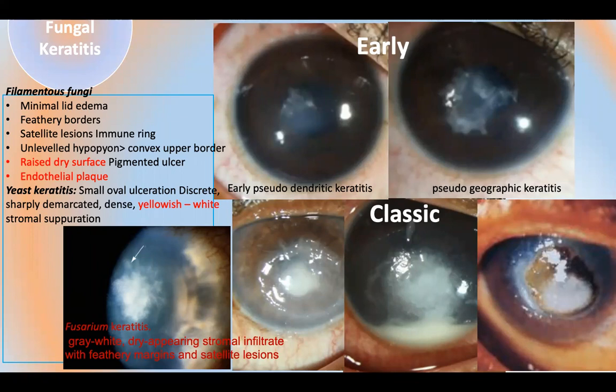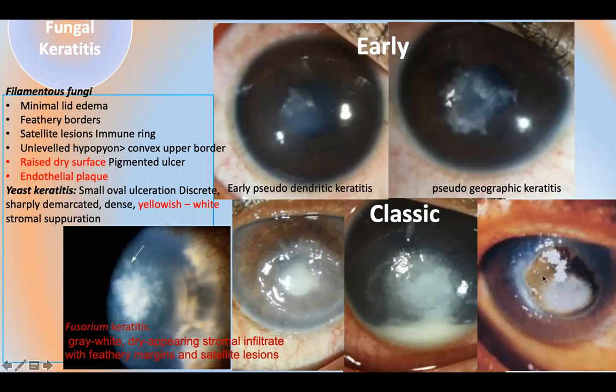And as we mentioned before, the risk is vegetative trauma. And usually those people go to the pharmacy and take over-the-counter steroid. We can see it has fissury borders, only one satellite lesion. It has an immune ring. If there is hypopyon, it will not be beveled. The bacterial one has a bevel, has a level, but here no, it makes like a tent.